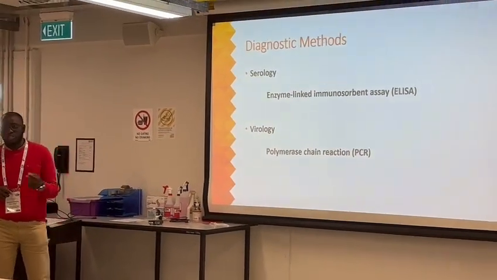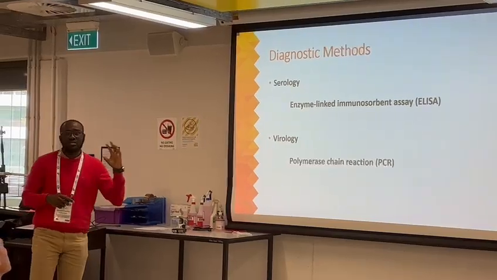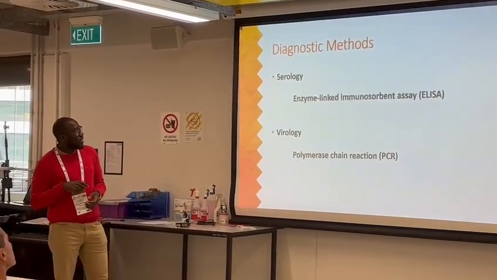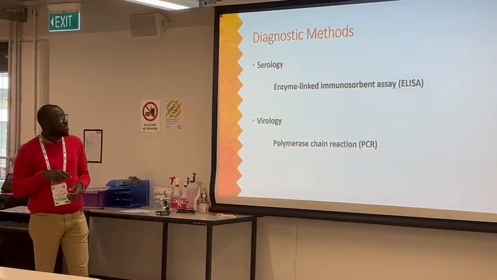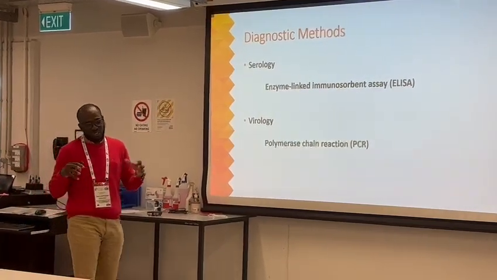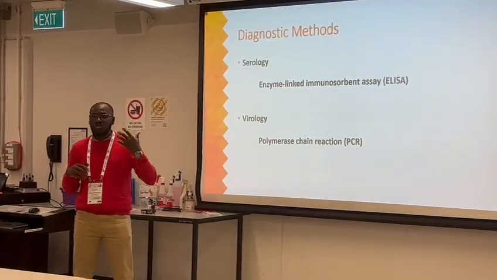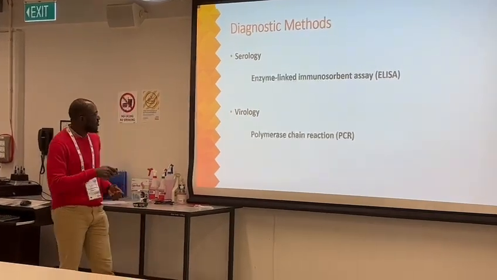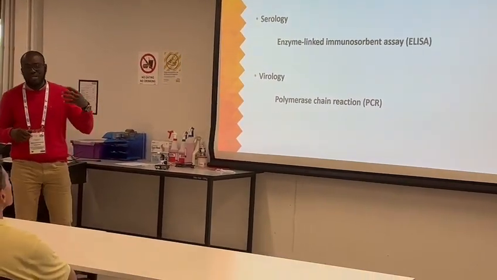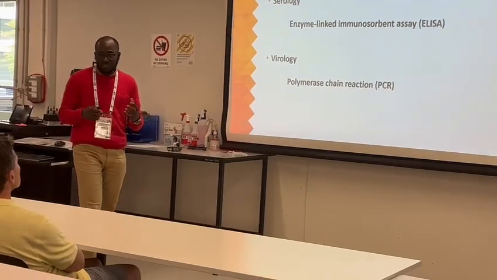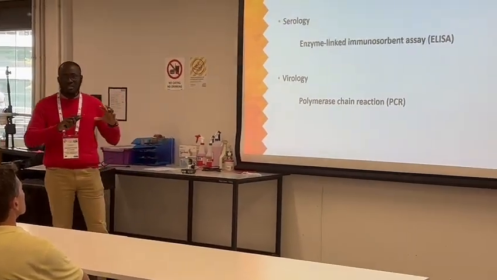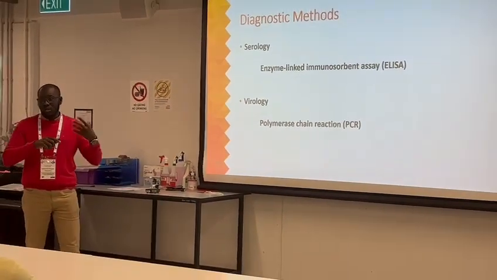In their approach, there are a couple of different diagnostic methods, but in New Zealand, they use the serological approach and the virological approach. The serological analysis is just to check for antibodies in the chicken, while the virology is whether you are able to isolate the disease in your sample. So these are just two different ways whereby you can check.